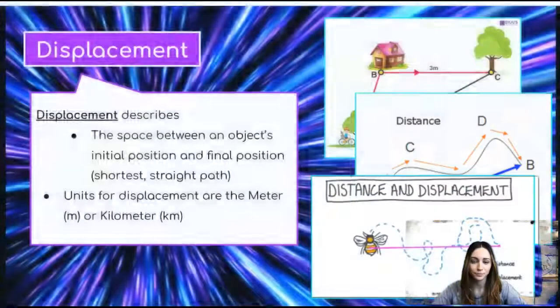Here's another similar example where we can see if any object were to move along that curved black line from point A to point B, the length of that curved path would represent the distance covered. However, the displacement of the object would be represented by that straight blue line, again showing the displacement, or the shortest straight path between the object's starting position and its final position.